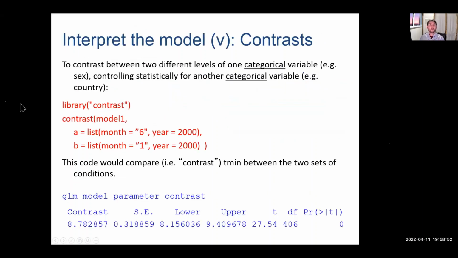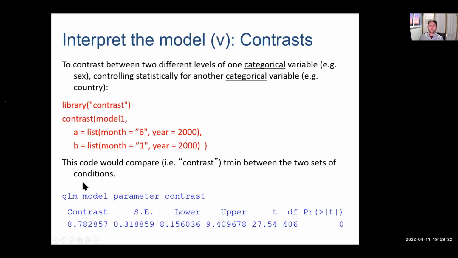So here we can say, let's compare situation A with situation B. We want to compare June, but specifically in the year 2000, with January in the year 2000. Whereas previously we were comparing June across all years, so the mean of June with the mean of January. And here we can do it much more formally. And we'll do this in just a second.